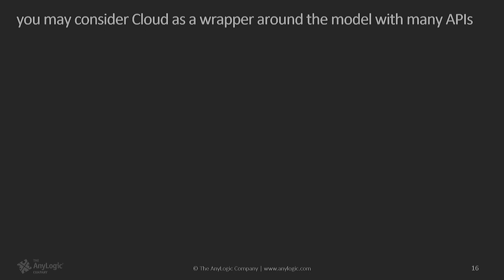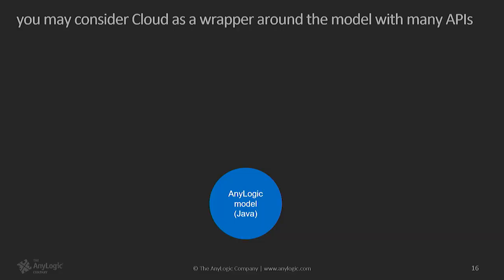Okay, and I think that this is a slide that is yet another view on the cloud. So one view, okay, it's a kind of YouTube for simulation models. Another view on the cloud, it's this. So you have AnyLogic model, which is essentially Java, and the engine is Java, right?